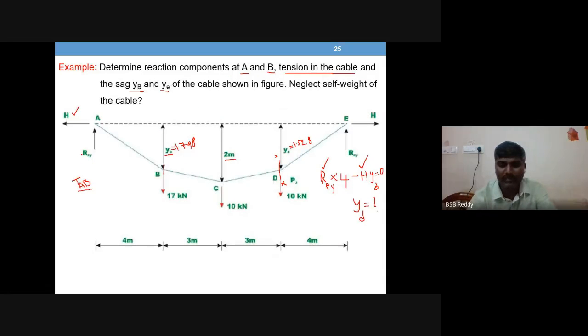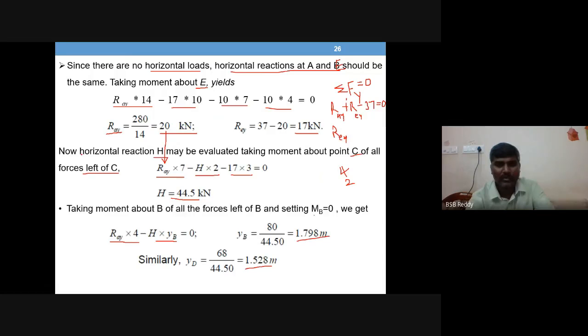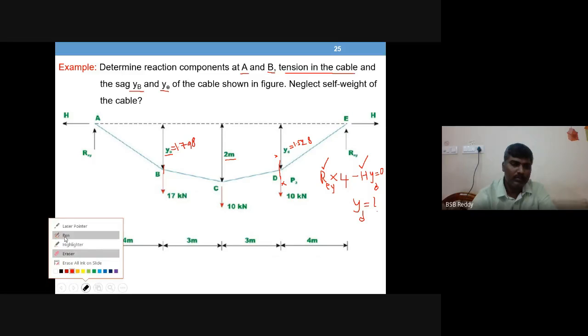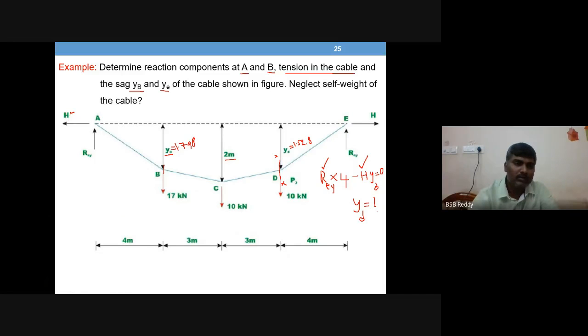So write those H values. What is the H value? 44.5. You write this value here. So this is 44.5 and this is 20, right?